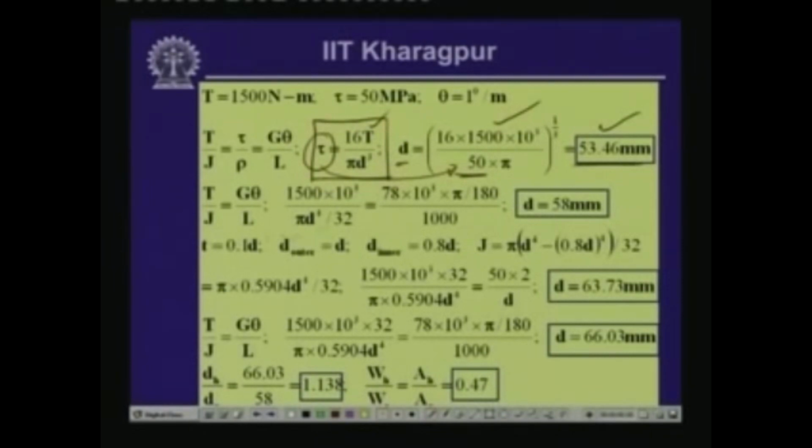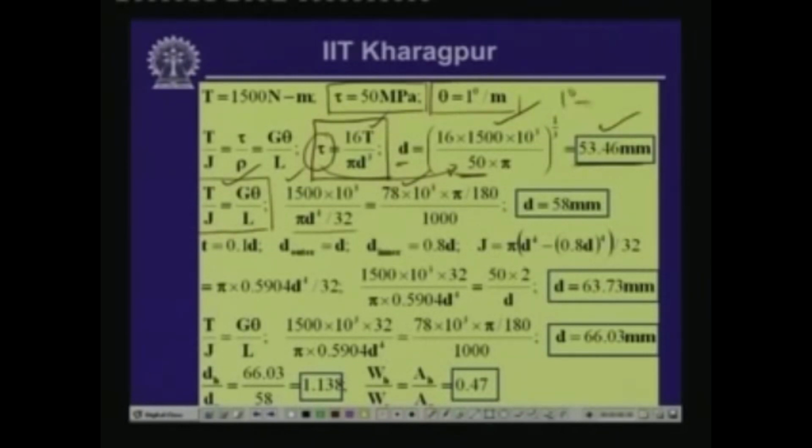Also, since we will have to satisfy both the criteria, that shear stress cannot exceed 50 megapascal and the angle of twist cannot be greater than 1 degree per meter length, let us consider 1 meter length of this shaft and go through the expression T by J equals G theta by L. So, T again is 1500 into 10 to the power 3 Newton millimeter, J is pi D4 by 32, and G is given as 78 gigapascal, converted into 78 into 10 to the power 3 megapascal, into theta, where theta is 1 degree.